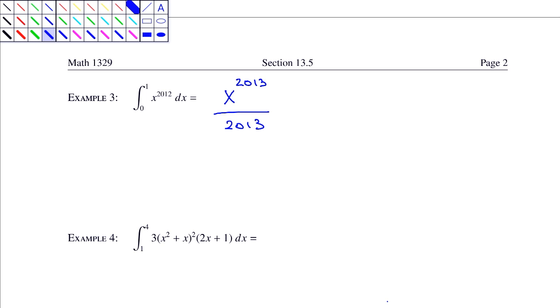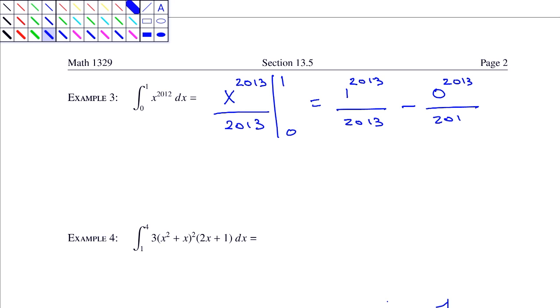Raise the power by 1, divide by the new power. Evaluate from 0 to 1. So this would be 1 raised to the 2013 divided by 2013 minus 0 to the 2013 over 2013.